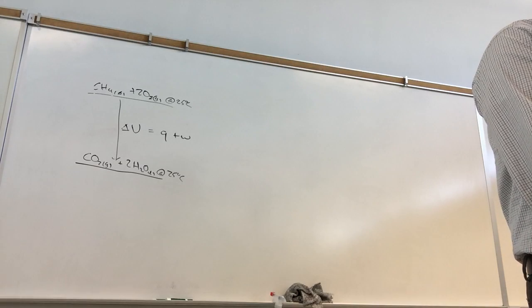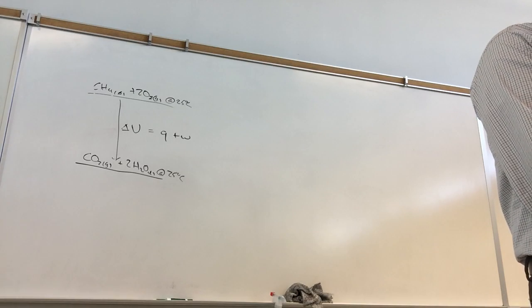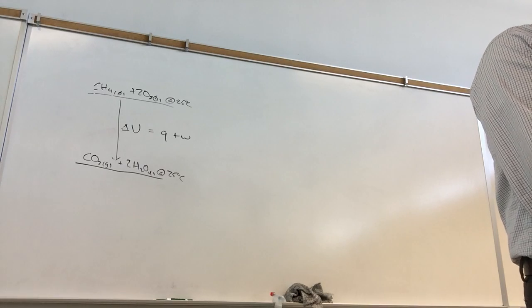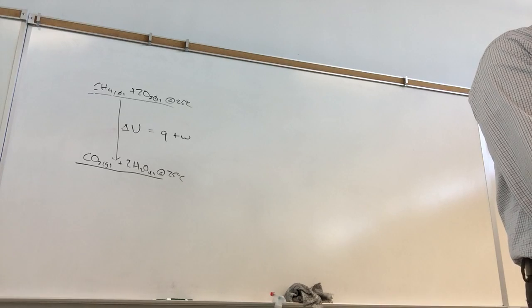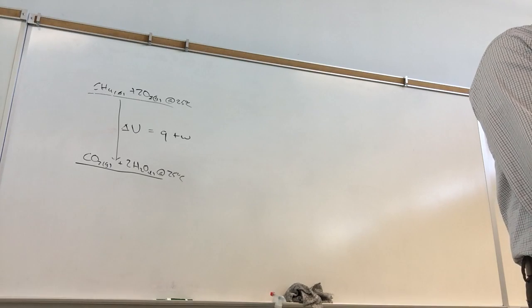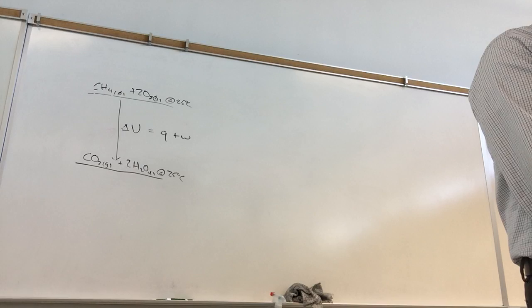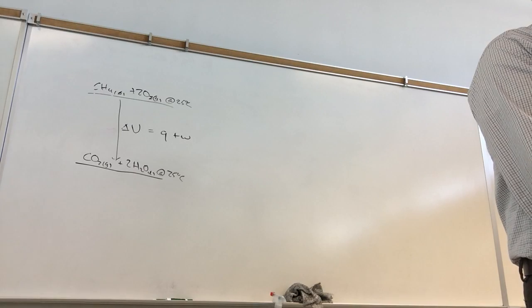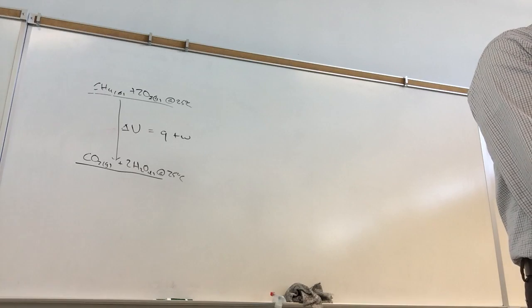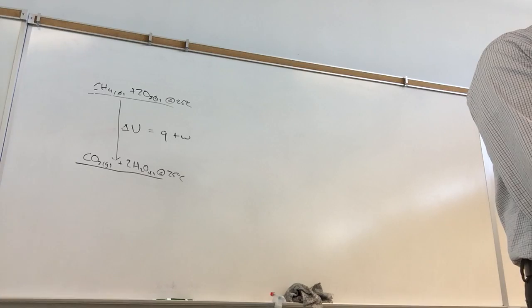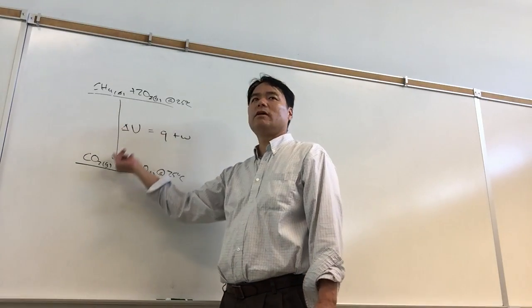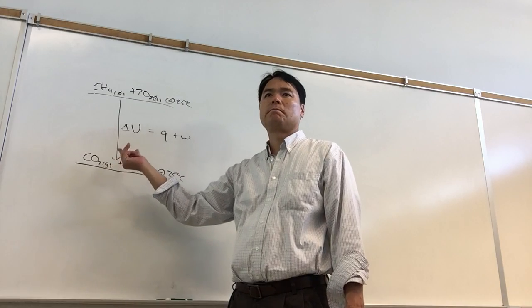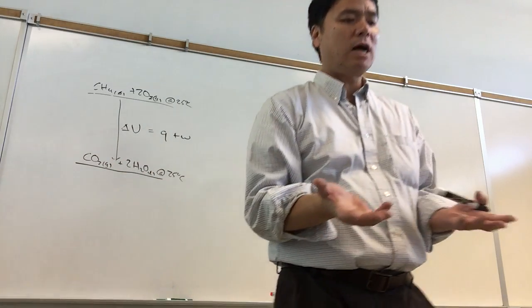The thing about volume changes is, can you avoid volume changes? Yes, you can. You can avoid volume changes if you do it under constant volume conditions. If you do this reaction in a bomb, there's no volume change. But if you did this reaction at constant pressure, is there a volume change? Yeah, at constant pressure, there's going to be a volume change. Can you avoid the volume change? No. And so it depends on how you do this reaction.